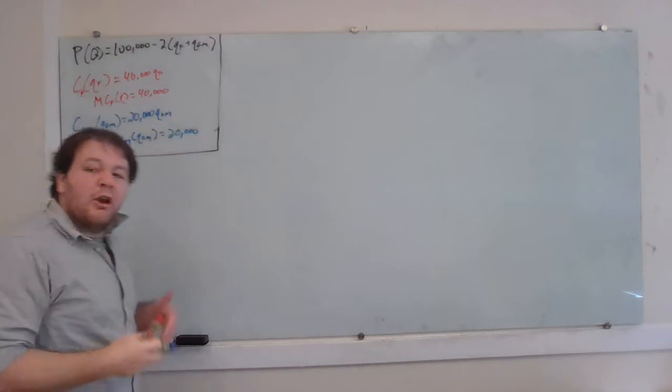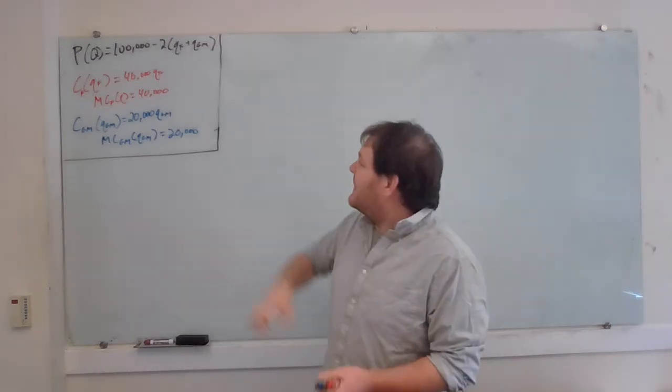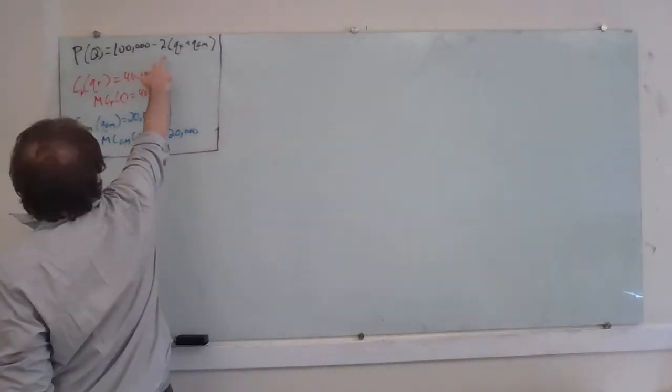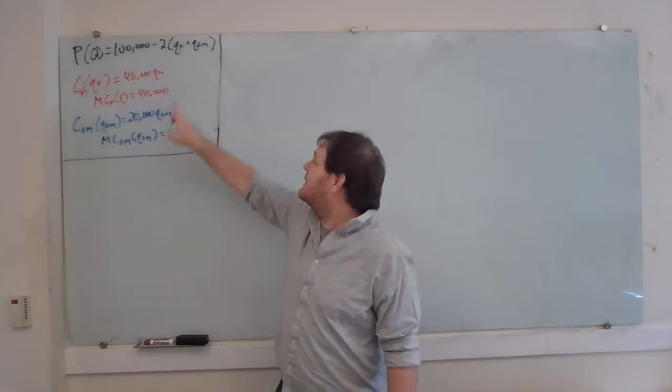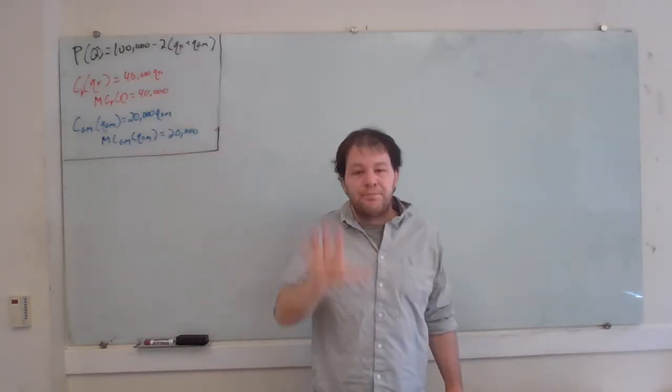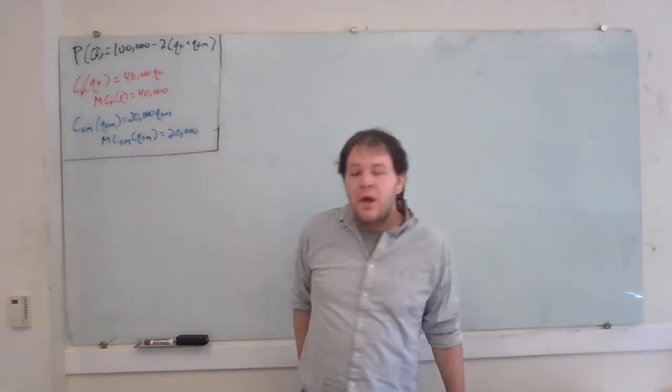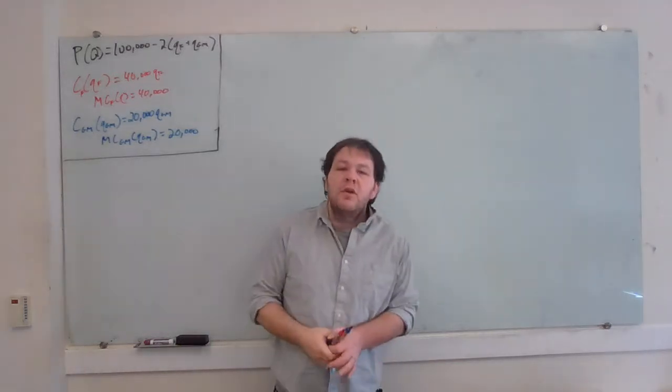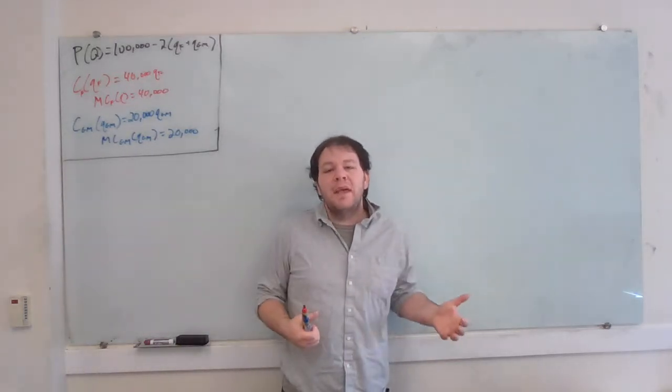Great. And we've got an overall demand for trucks that's given by 100,000 minus 2 big Q, where big Q is just little qf plus little qgm. Make sense?